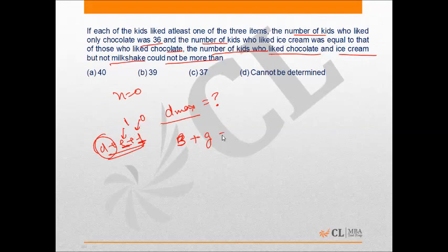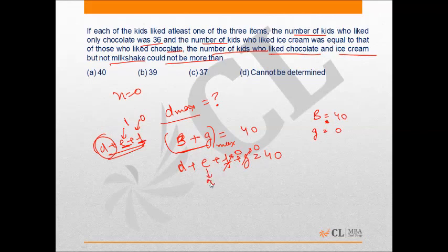B plus G, this maximum was 40, right? So to get this B plus G as 40, the value of B was 40 and G was 0. So from here I can write D plus E plus F plus G is equal to 40. G is 0, F is 0, E is 1. So my D maximum will be 39. Option B.